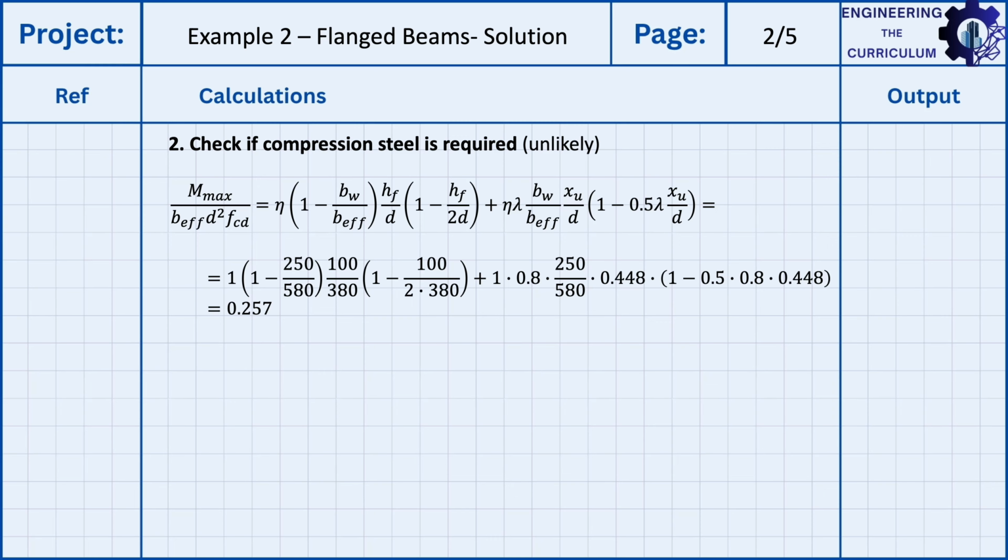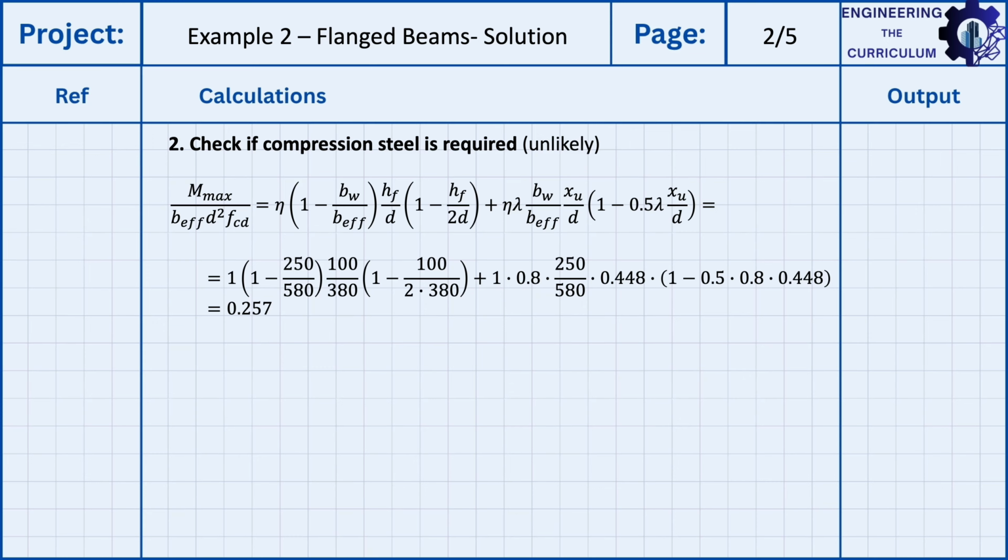That gets multiplied by BW divided by B effective, so once again 250 divided by 580, and then multiplied by xu over d. Now xu was given to us as 0.448d, so the d and the d cancel each other out, and then we're left with 1 minus 0.5 times lambda, so once again 0.8, times xu over d, so once again 0.448.